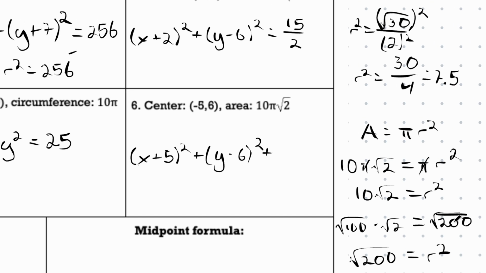Actually, that wasn't even necessary. We can just say this is equal to 10 root 2, and then we can do our own work later to actually see what the radius is if we need to. Okay, so this is our answer.